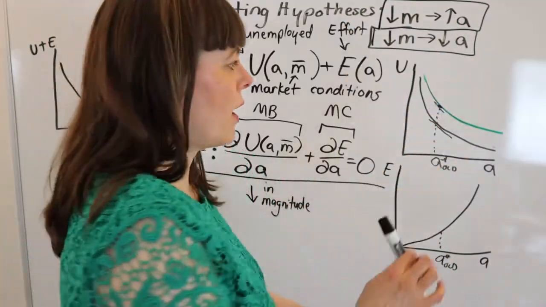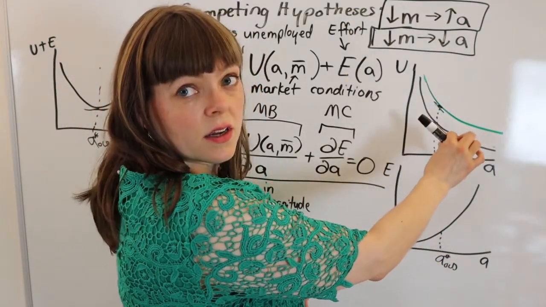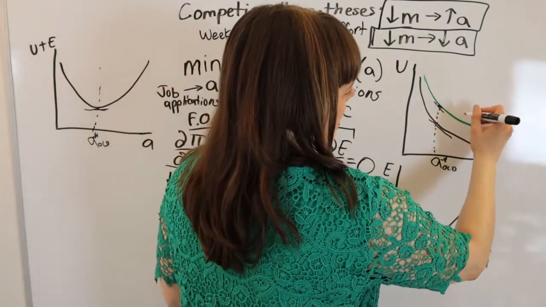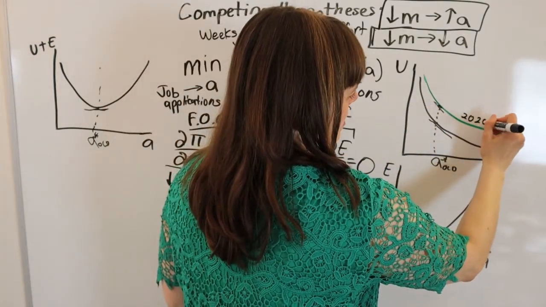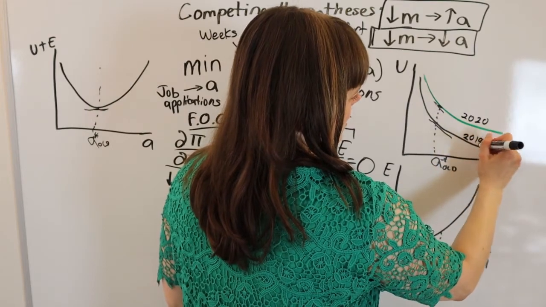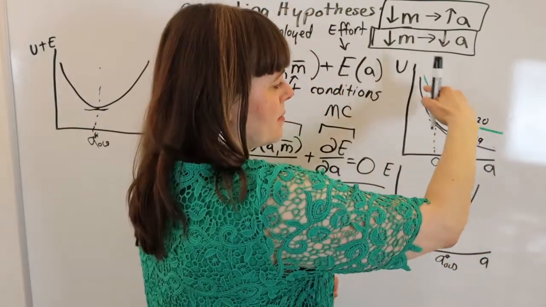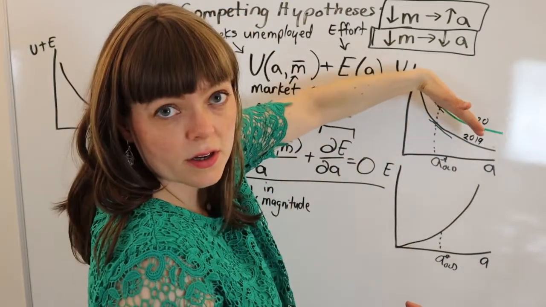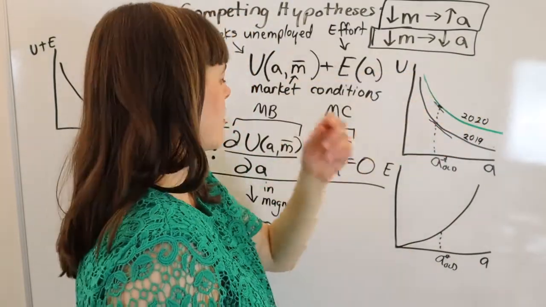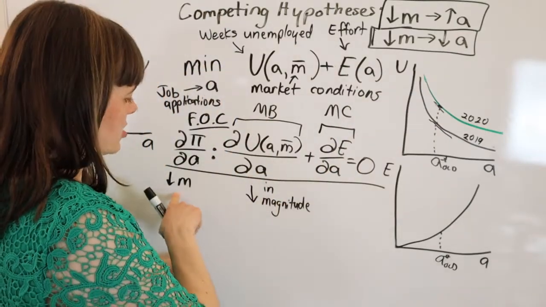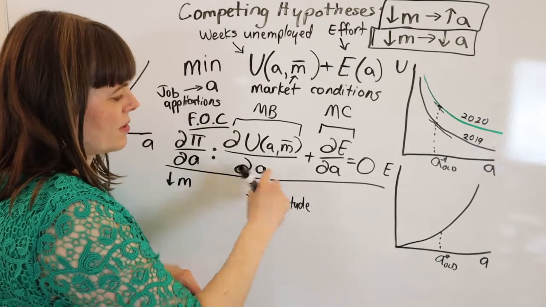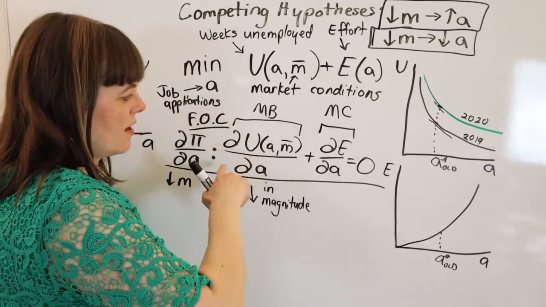So if we compare what happened to the slope, I believe the magnitude has gotten flatter, and this is 2020, and this is 2019. So this is a good job market, this is a bad job market, and we have a flatter slope in the bad job market. So that means that a drop in the market conditions led to a decrease in the magnitude of this factor.